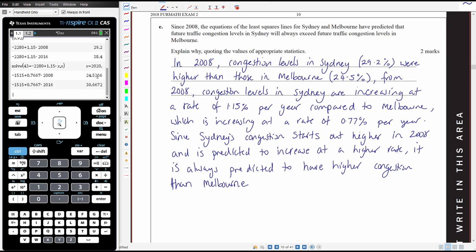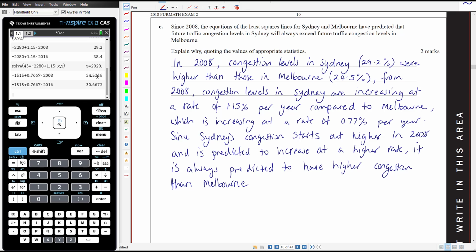Okay, so the key things here, in having a look at the examiner's report, are to be comparing both the 2008 values and the relative slopes. So you want to make mention of both of those statistics, that Sydney starts out higher in 2008 and that its rate of increase, its slope, is higher than Melbourne's.